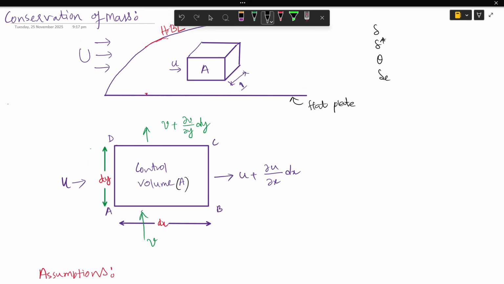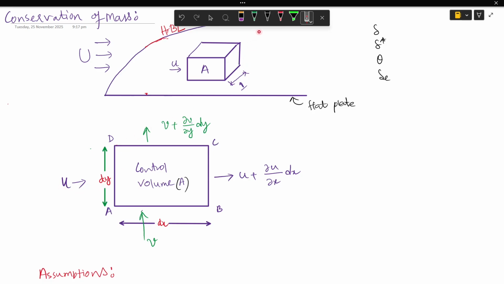So this is u, and this is striking the face dy, and this is dx, the elementary volume that you have taken, or you can say it has now become an area. So dx is the value of AB, and AD has the value dy, and u is the velocity coming from the left face.